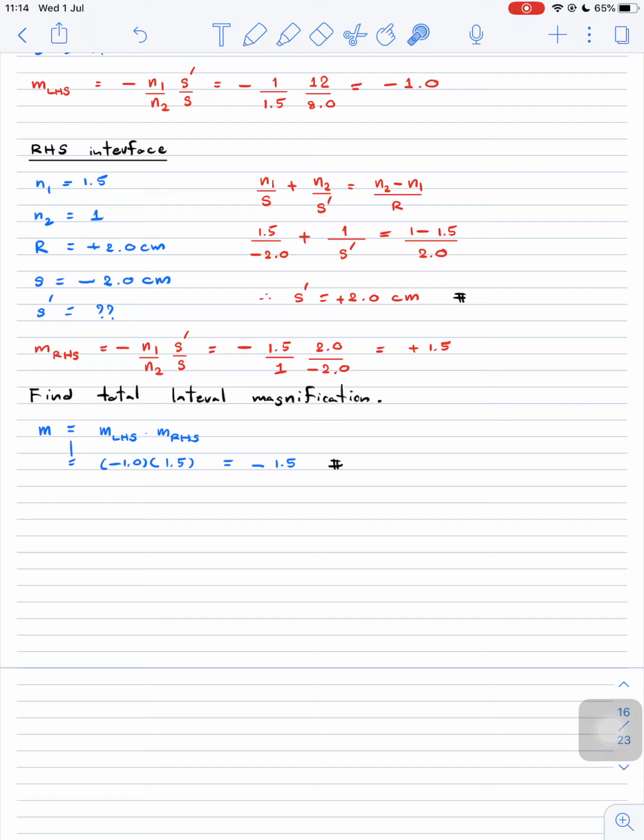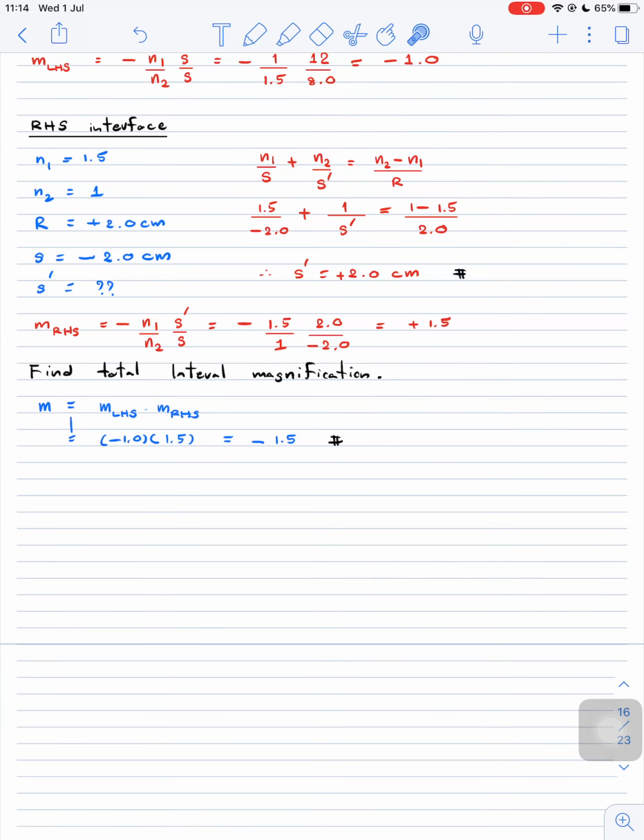So for the conclusion, this image is inverted relative to the original object. And the height of this image is going to be 1.5 times the height of the object.